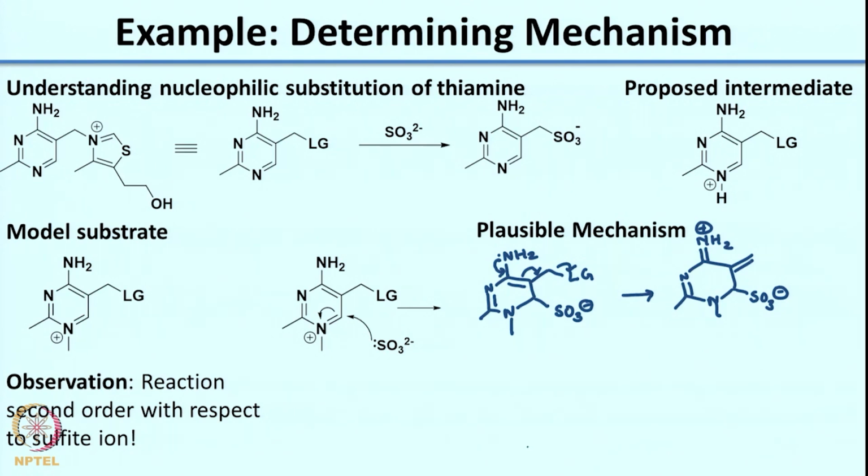So, now what could be the next step of the reaction? Remember, this is second order with respect to the sulphite ion. So, the next step would be, now you can imagine a 1,4 addition. Again you have an electrophilic center here.